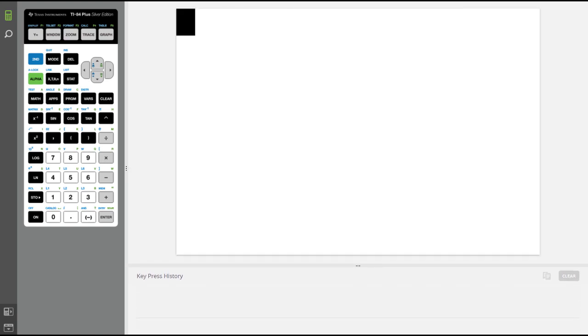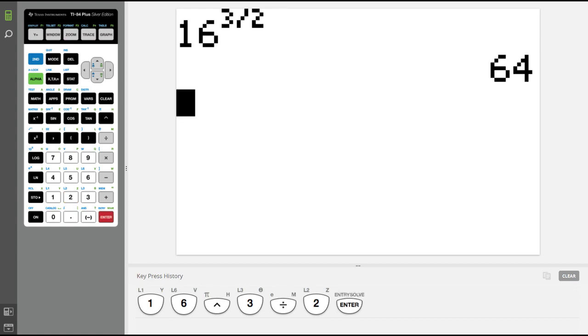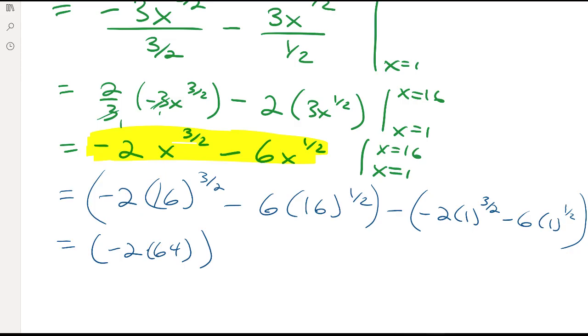If I do 16, and if I raise it to the 3 divided by 2, okay, if you have a calculator that doesn't bump you up as a superscript and what you see is the actual caret, make sure you put 3/2 in parentheses. But there, it's the 64. You take the square root of 16, which is 4, and then you raise it to the 3rd power, which gives you 64. Okay? All right.